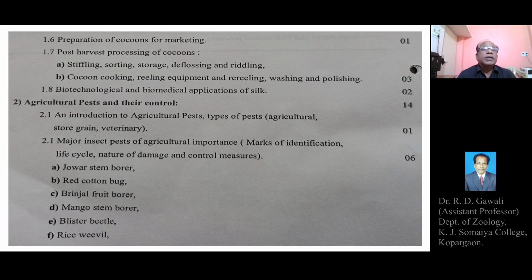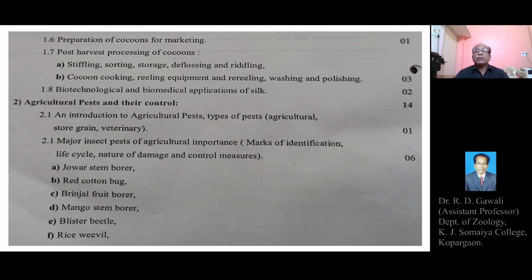So next point is post-harvest processing of the cocoons. So after collection of the cocoons, after about a month of the larval development, where the larvae are grown in the rearing house, after that they secrete the saliva and produce the cocoon around their body within 3 days.